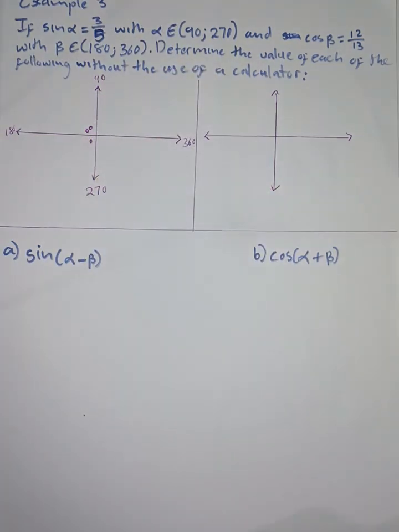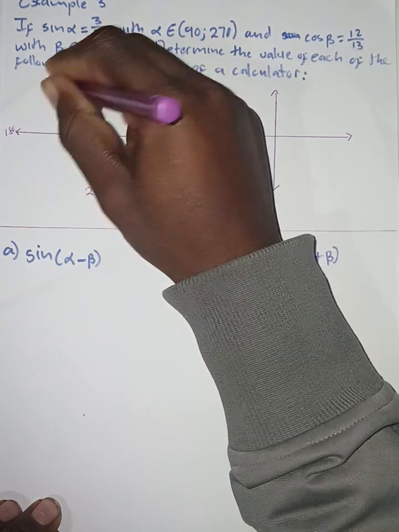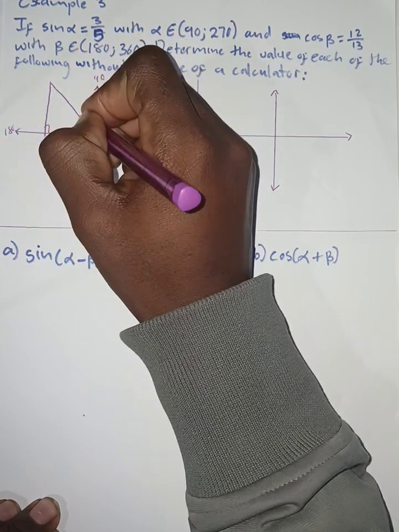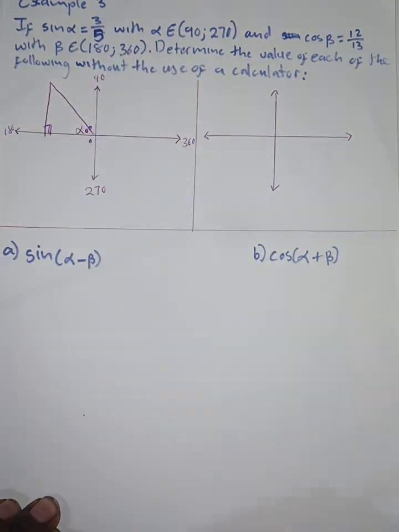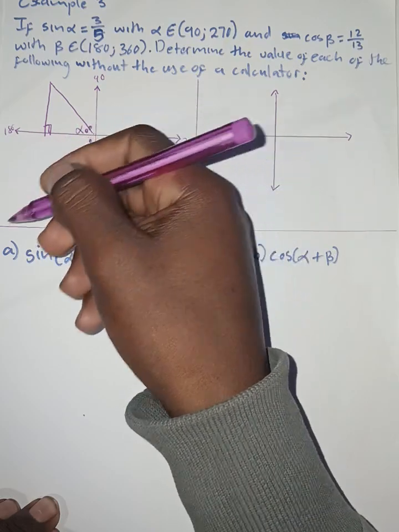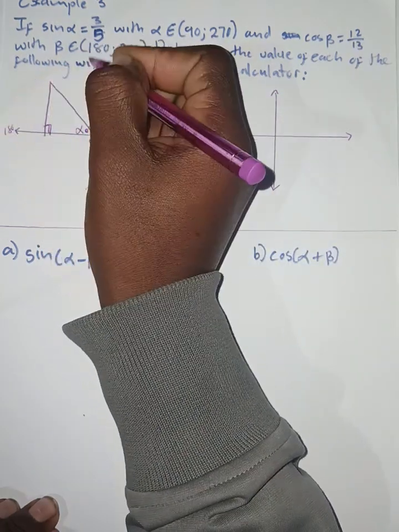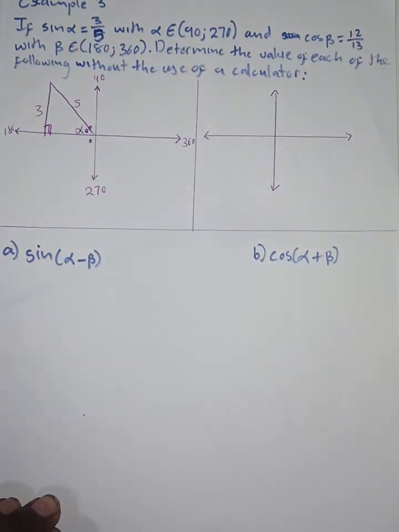So this is where we are going to draw our diagram for sine alpha. This angle here would be our alpha. Again, we know that sine is opposite, so this side here would be our 3, and this would be a 5, the hypotenuse.